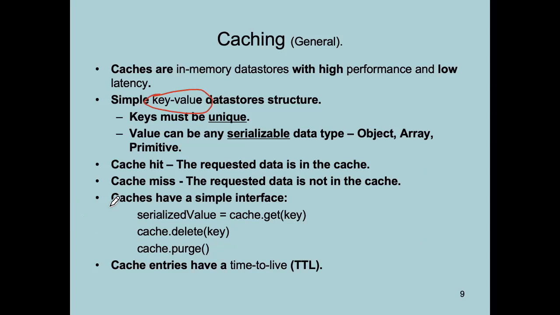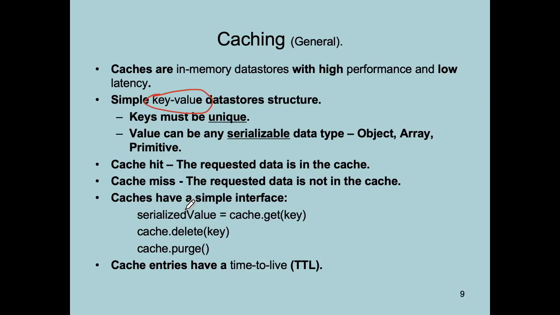I'm saying caches have a very simple interface. Essentially, there's only a tiny set of operations that any client would want to carry out with a cache. In very generic terms now, there's the cache get request that a client might make, where it specifies the key of the data that it's looking for, and the cache returns the serialized value associated with that key if it has it.